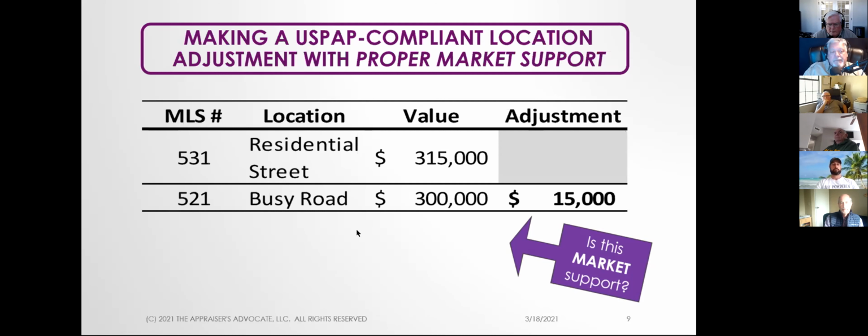If you, as the appraiser, were to take a look at this and say, I'm really happy with a $15,000 adjustment, and given these prices, that's about 5%, you could stop right there, frankly. Make the location adjustment at $15,000 or 5%, whichever you're going to go with, and move on.